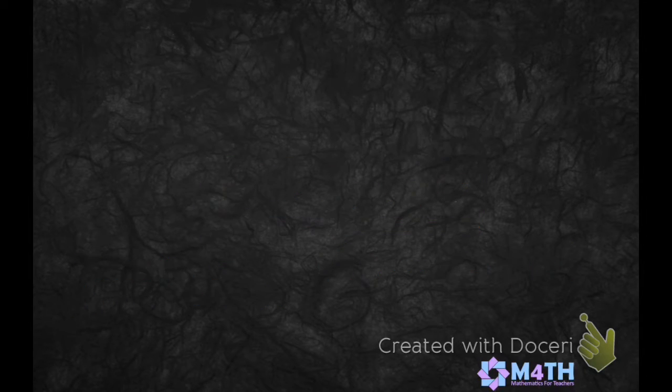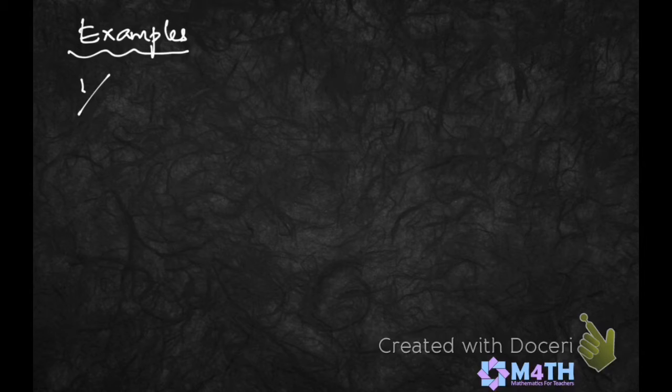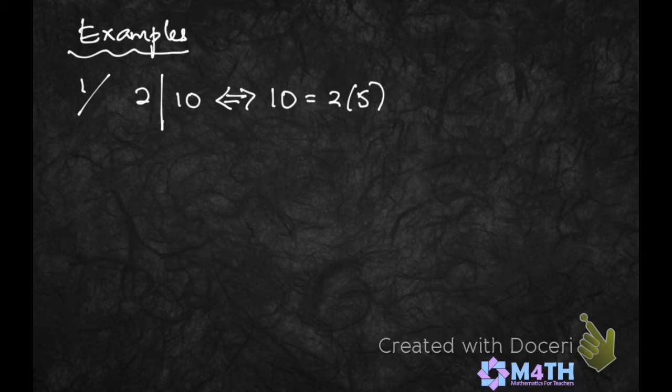So let's look at some examples on divisors and multiples, especially the divisors. Example number 1: 2 divides 10. Why? Because 10 can be written as 2 times 5, and again, 5 is an integer.